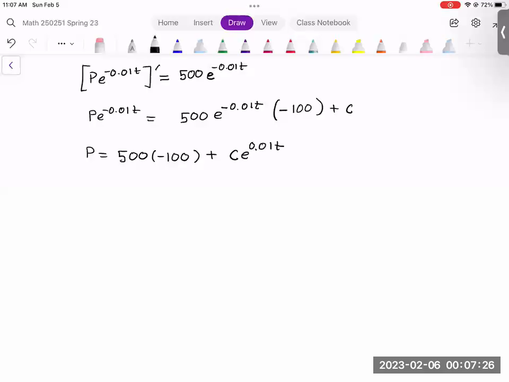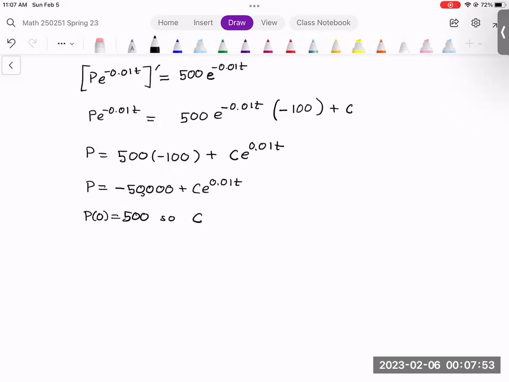Okay, and so we can match our initial condition. So we have P is equal to negative 50,000 plus C e to the 0.01t. And P at 0 was equal to 500.